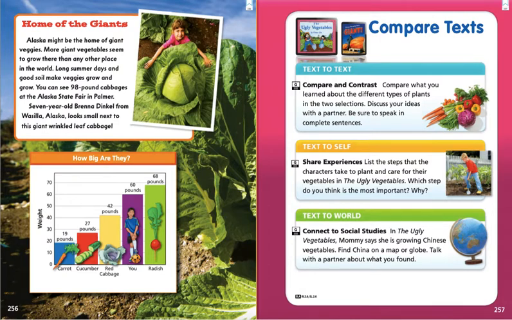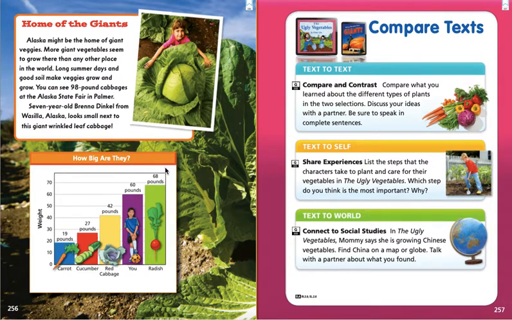You can see 98-pound cabbages at the Alaska State Fair in Palmer. 7-year-old Brianna Dinkle from Wasilla, Alaska looks small next to this giant wrinkled leaf cabbage. So here's a picture of this girl, Brenna Dinkle, and she is actually standing next to a giant cabbage. She's not sitting down next to the cabbage. She's standing up next to the cabbage, and that cabbage is pretty huge compared to her.